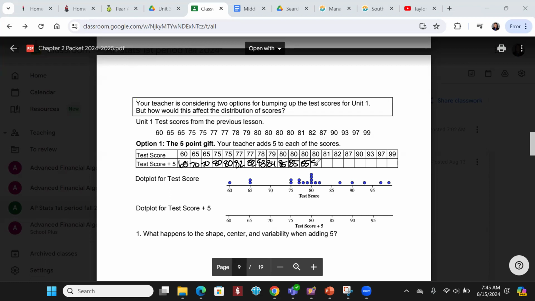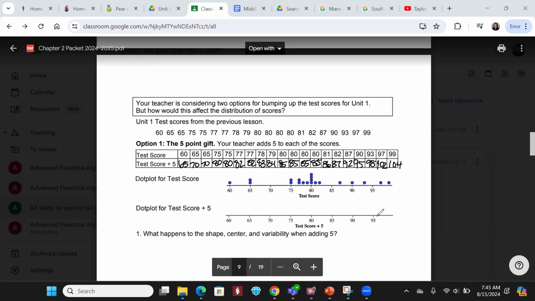And you're filling in that table as we're going along. 87, 92, 95, 98, 100. Why are these boxes so tiny? 102 and 104.